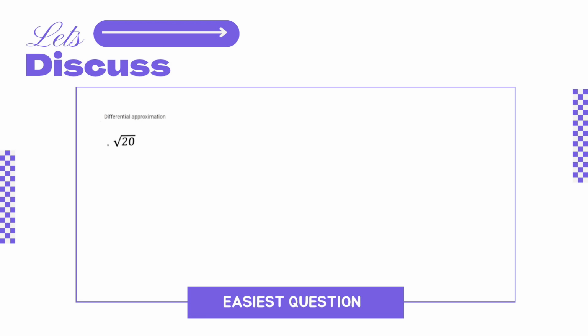So this one is, what is the value of square root of 20? The first step is to find the closest square root to 20, which is the square root of 16, which equals 4. And then we have to differentiate the equation of square root of x. So x is to the power of half.